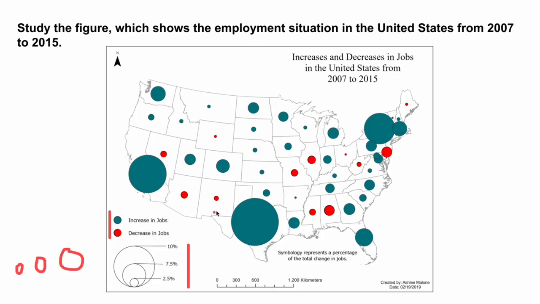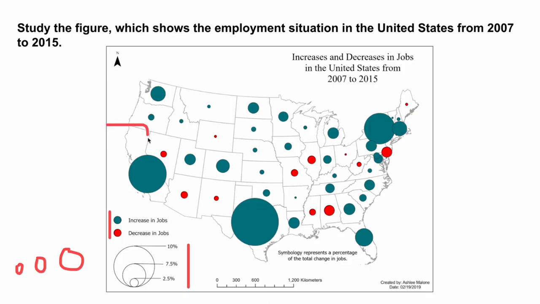If you look at, for example, this state here, very small, less than 2.5% decrease in the number of jobs. So amongst all the increases, you see mainly there's an increase, there are particular areas in the US that have more increase or greater increase compared to other areas.